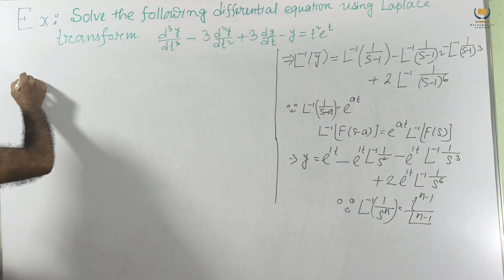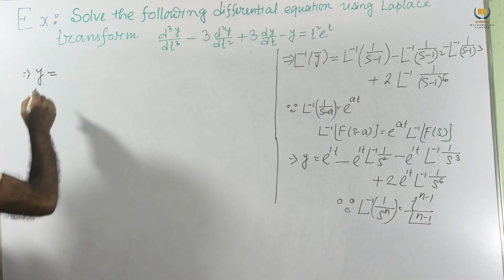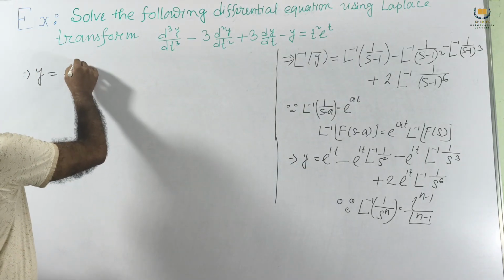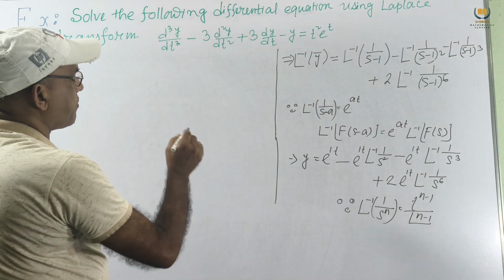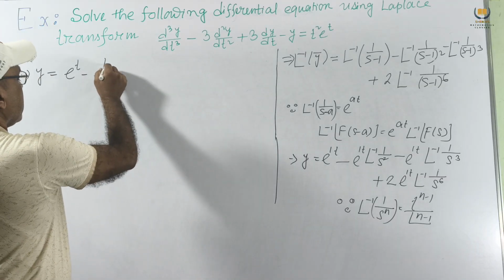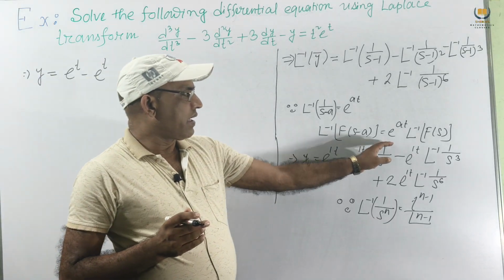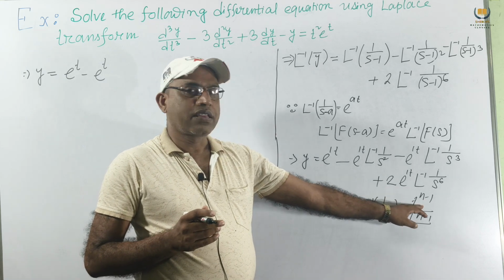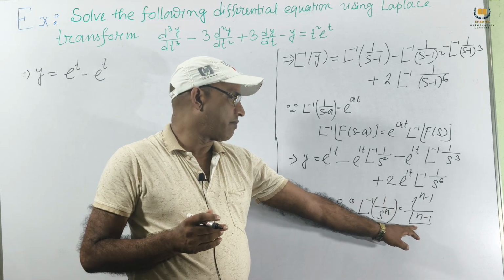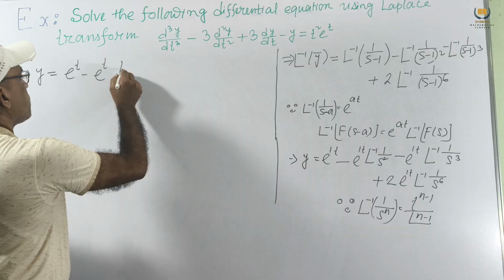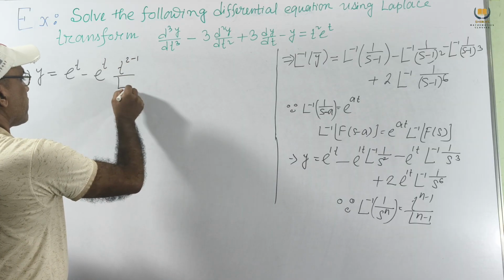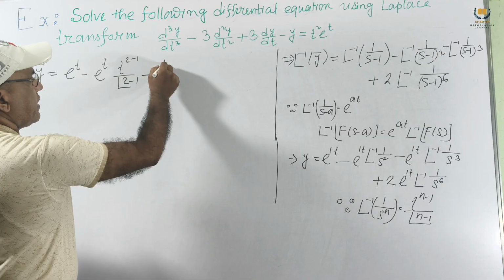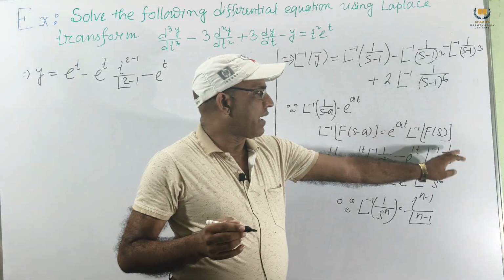So this implies y equals e to the power t, and minus e to the power t 1 by s to the power 2. 1 by s to the power n means t to the power n minus 1, factorial n minus 1. This is t to the power 2 minus 1 by factorial 2 minus 1. And this is e to the power t 1 by s cube.